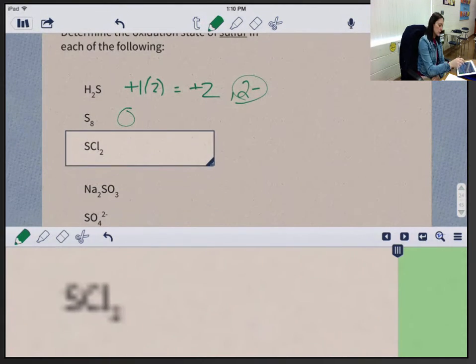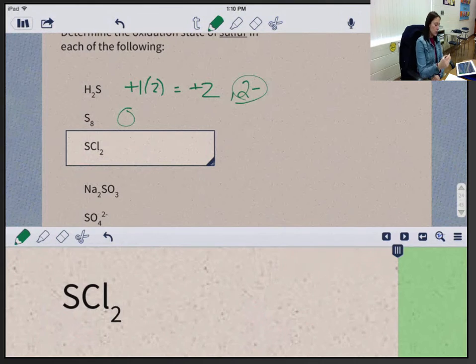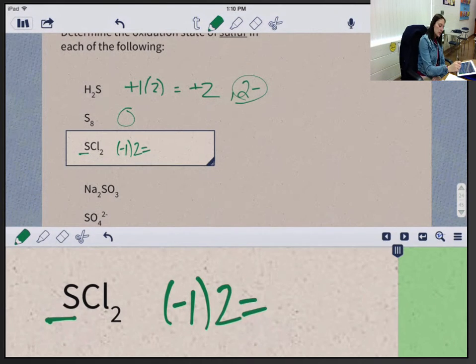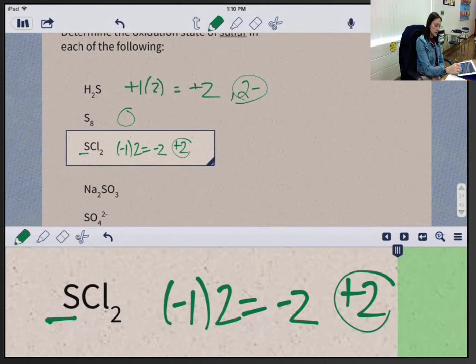Go to SCl2. Looking for S, I start with chlorine. Chlorine is always a -1, if we're not looking for it, basically. Halogens usually are. It's times 2, so it's a -2, which means in this particular one, sulfur has to balance out that -2, so sulfur here is a +2 for its oxidation number.